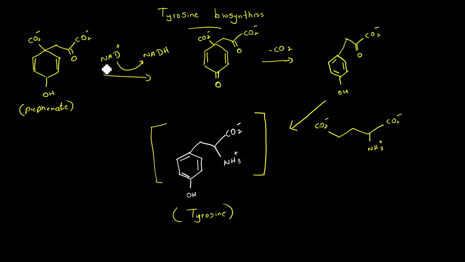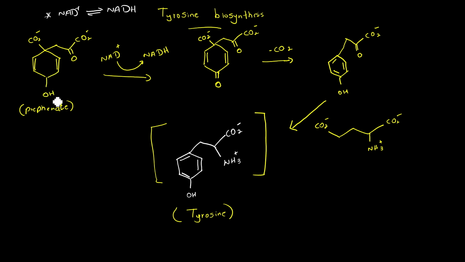Okay, so the first step would be NAD plus. I hope you remember this NAD plus and NADH. These are the components that can exchange hydrogens. NAD plus means it lacks a hydrogen, so it can take a hydrogen from a particular molecule.